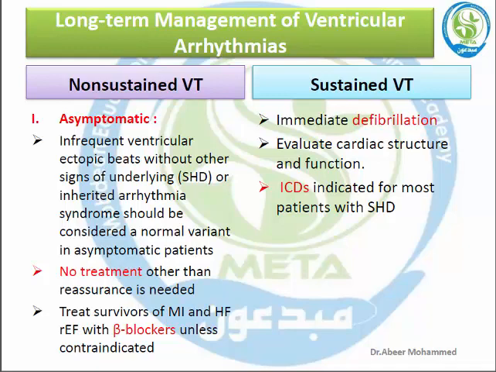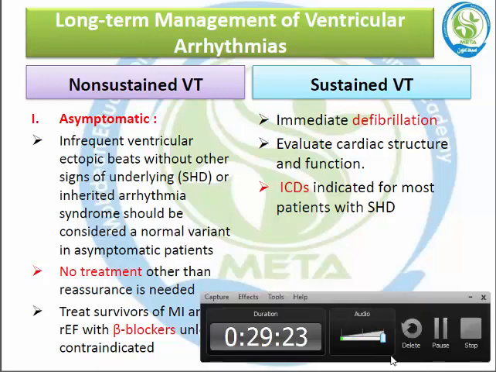If it is sustained VT, a continuous ventricular tachyarrhythmia, we should immediately defibrillate the patient and evaluate the cardiac structure. We may need implantable cardiac devices, ICDs, for most patients to prevent sudden cardiac death. That's after evaluation of the patient's situation. We may use an ICD.